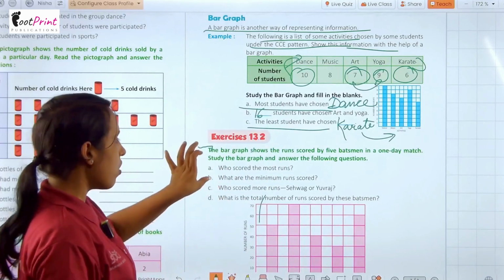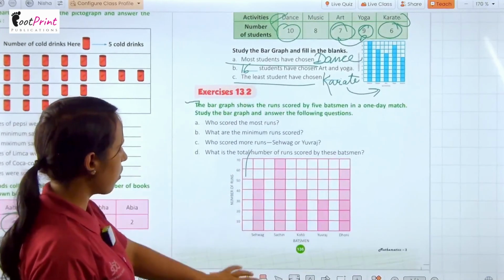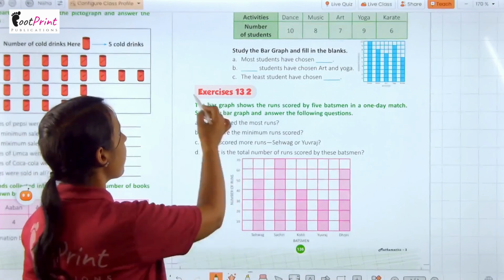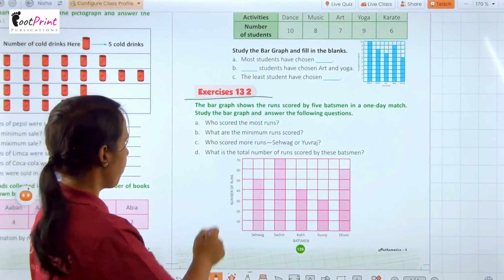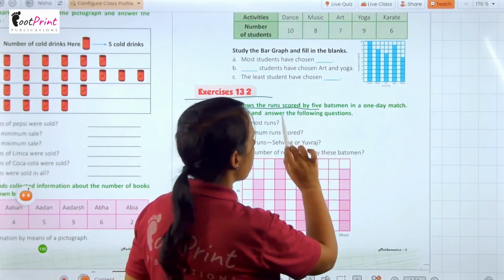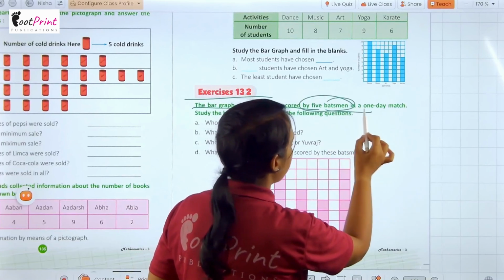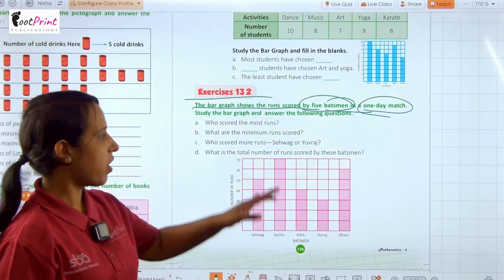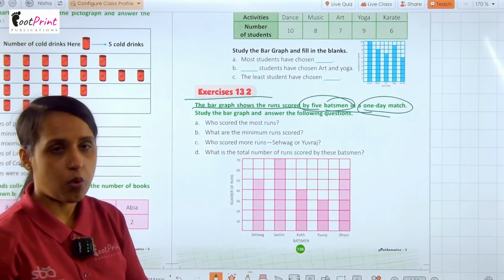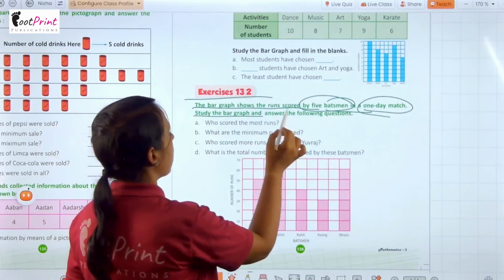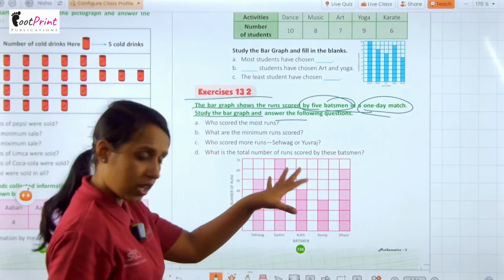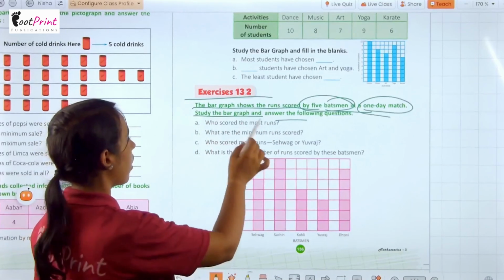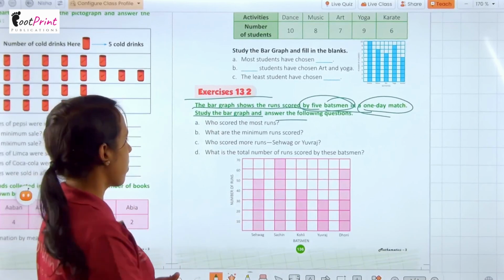Okay, so now we have exercise on the basis of bar graph. Let's see here. Exercise 13.2. The bar graph shows the runs scored by 5 batsmen in a one day match. वन डे मैच में 5 बैट्समैन ने कितना स्कोर किया है। तो हमें बार ग्राफ को पढ़ना है, इसको अच्छे से देखना है, ऑब्जर्व करना है और उसके बाद आंसर्स देने हैं.